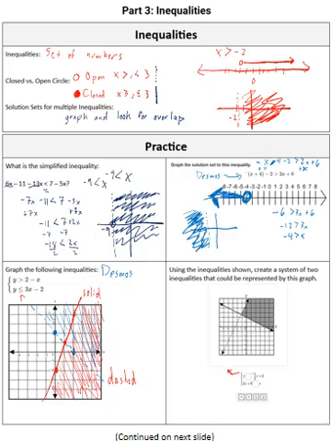And this is a way to lead into the next problem. Using the inequalities shown, create a system of two inequalities that can be represented by this graph. Y blank -1/2 x plus 2, and 2x plus 5 blank y.